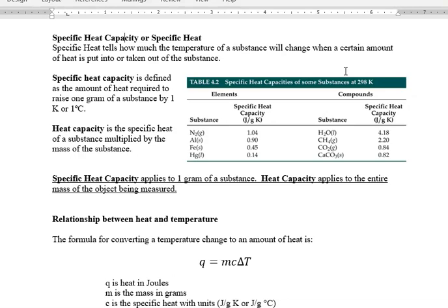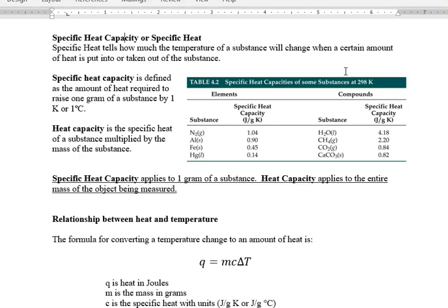Heat capacity, in other words without the word specific on it, is the specific heat of a substance multiplied by the mass of a substance. So clearly, to raise a kilogram or let's say a liter of water 1 degree centigrade takes more heat than to raise a milliliter of water by 1 degree centigrade. The more water you have, the more heat you have to put in to raise it by 1 degree centigrade.